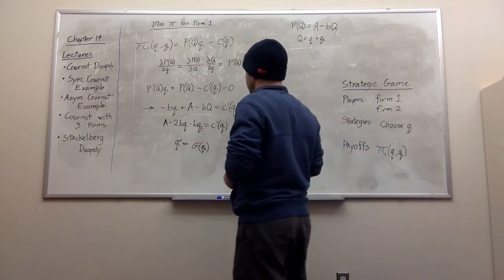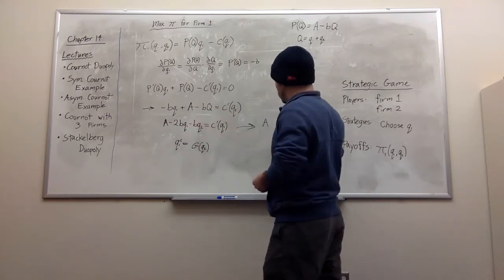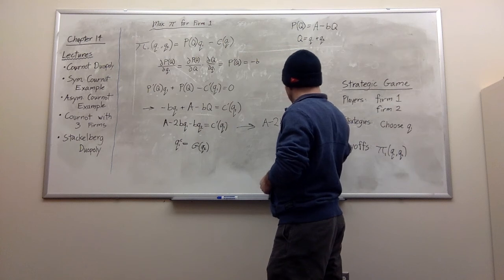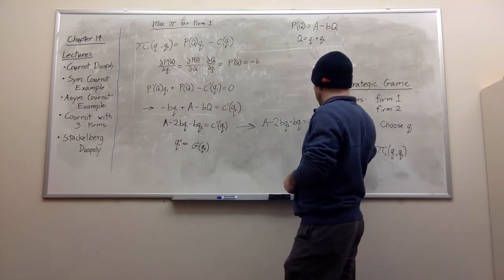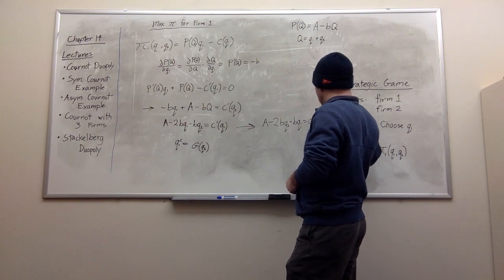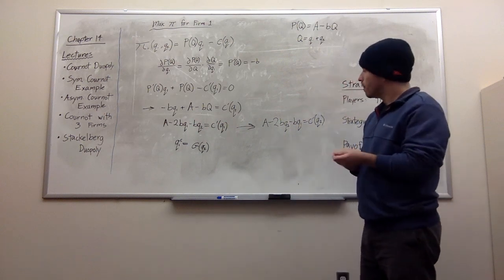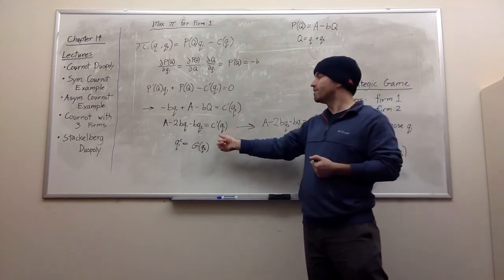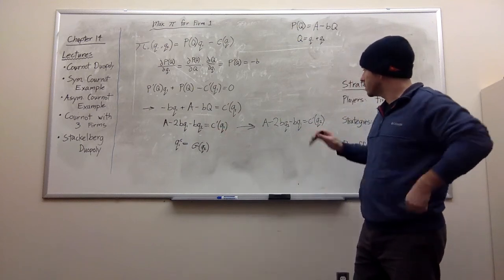I can infer that there's a similar situation for firm 2, where all of these are just reversed. A minus 2B Q2 minus B Q1 equal to C prime of Q2, right? Where this is true as long as they have the same cost functions. If they were to have different cost functions, then I should subscript these with the firm number.